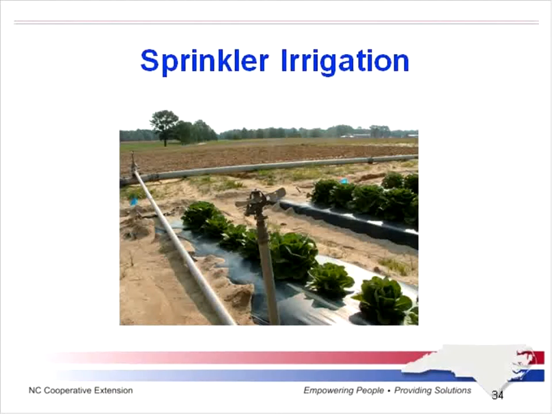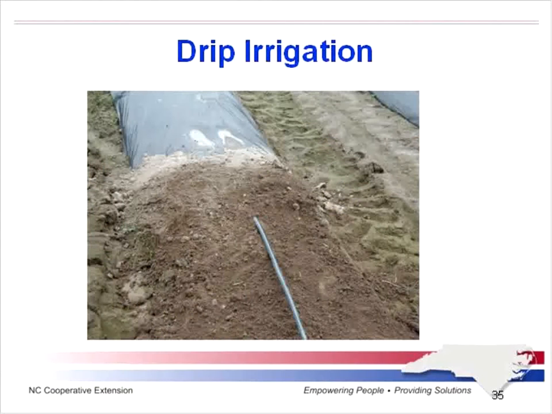Here's an example of sprinkler irrigation, and when we talk about water testing, we're usually talking about at point of use, which would be right out of the sprinkler head. And for drip irrigation, when we talk about water testing, we usually talk about right out of the end of the drip line.